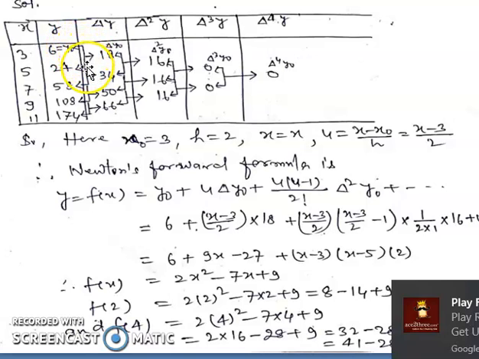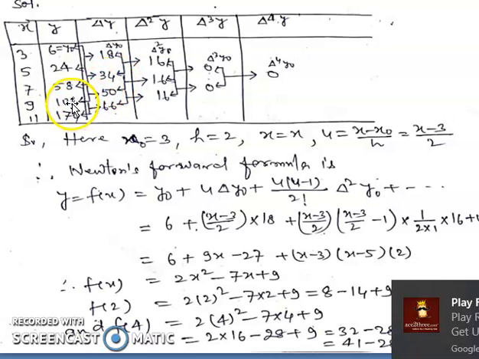See 24 minus 6, I have indicated by arrow. 24 minus 6 is 18. Next 58 minus 24, write it down in the middle, that is 34.